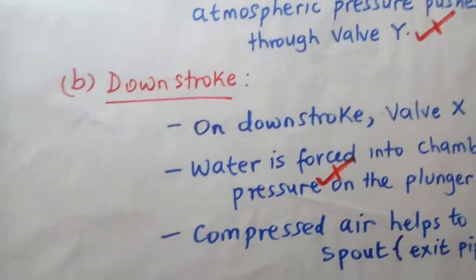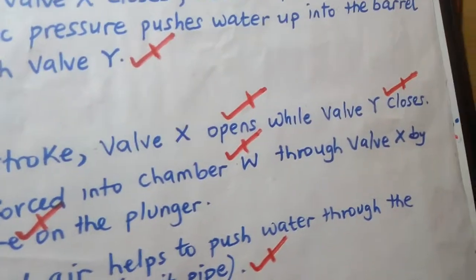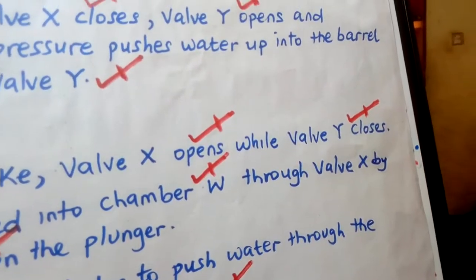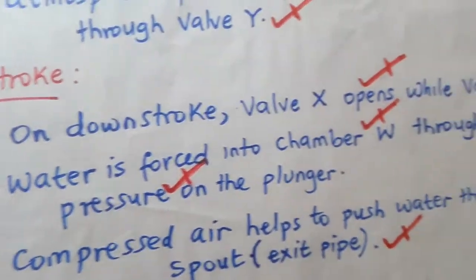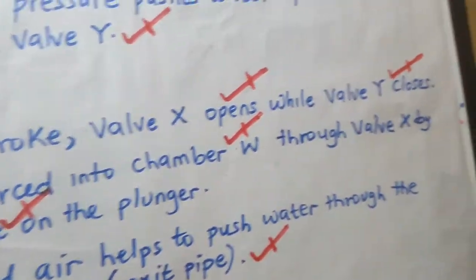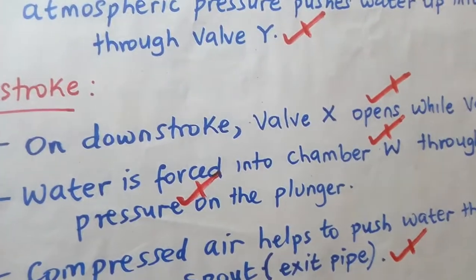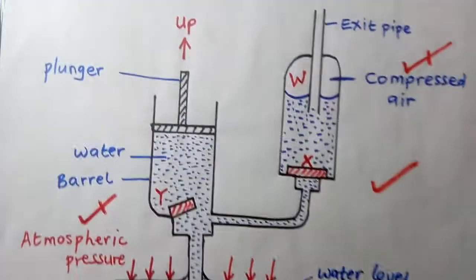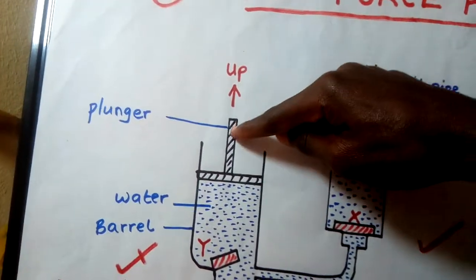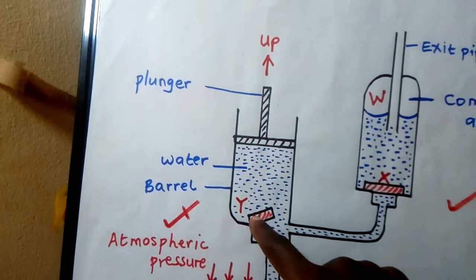On downstroke, valve X opens while valve Y closes. Water is forced into the chamber W through valve X by pressure on the plunger. You see? So this is what I said. When this piston moves down, the weight of this water is going to press this valve.